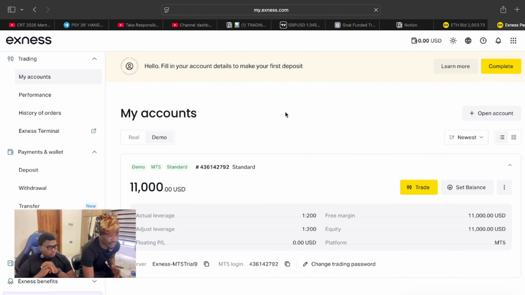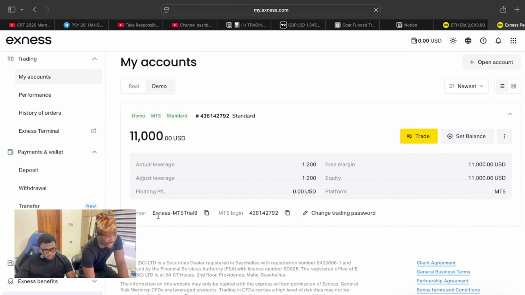So we have to log in the demo account into your MetaTrader 5. This is where we get the login. First of all, go to your MetaTrader 5. Then we have our server. Every broker has a server. So you have to copy out the server, the login and the password.